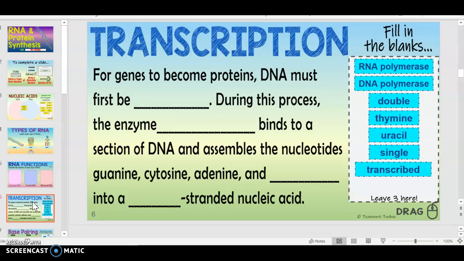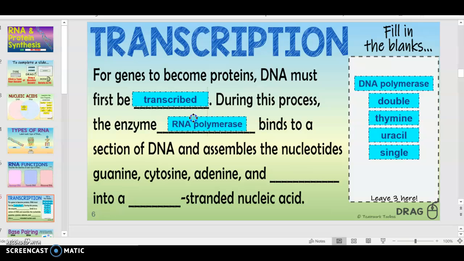Down here we have transcription. So for genes to become proteins, DNA must first be transcribed, because we're talking about transcription. During this process, the enzyme, well, if we're doing transcription, we're not making DNA, we're making RNA. So we're going to be using RNA polymerase.